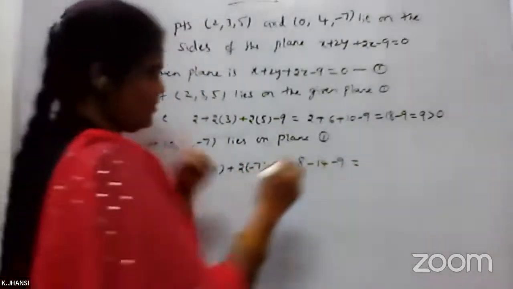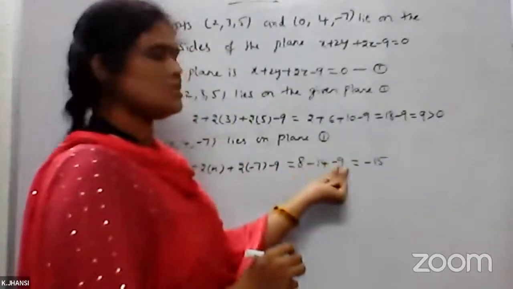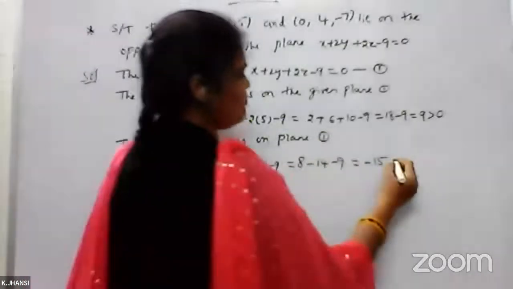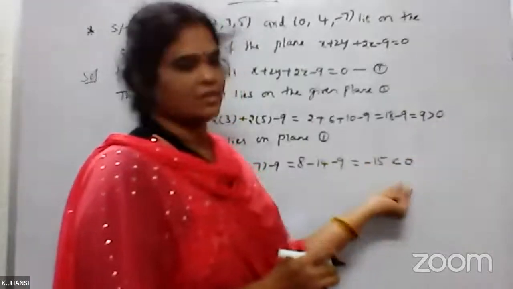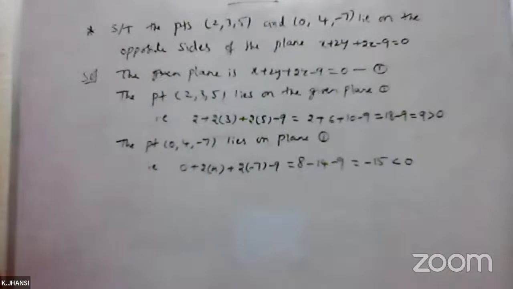So 8 minus 9 is minus 1, minus 14, minus 1 is minus 15, which is less than 0. So you are getting opposite signs here. Therefore the points lie on the opposite sides of the plane.